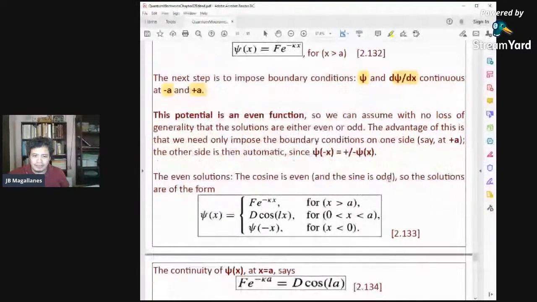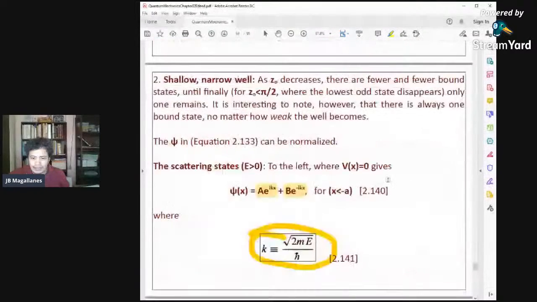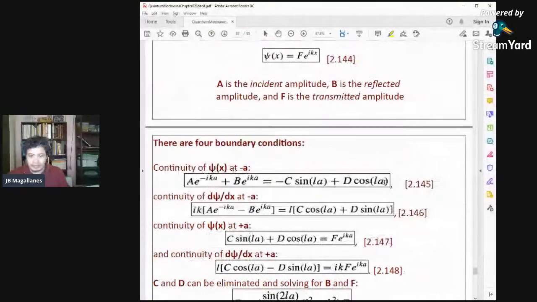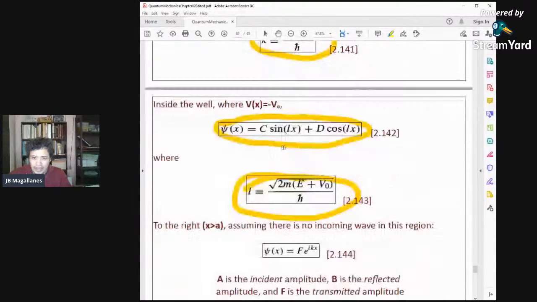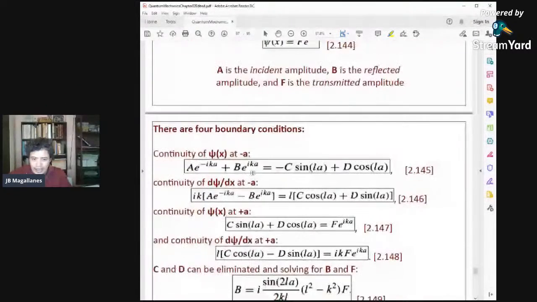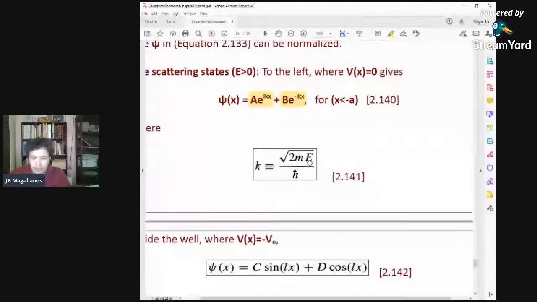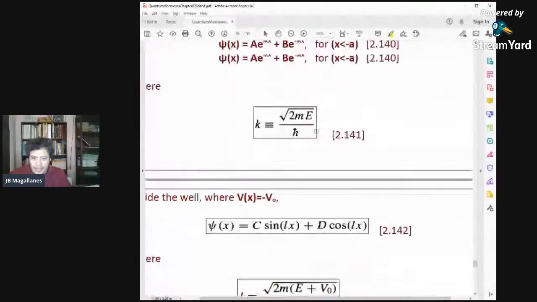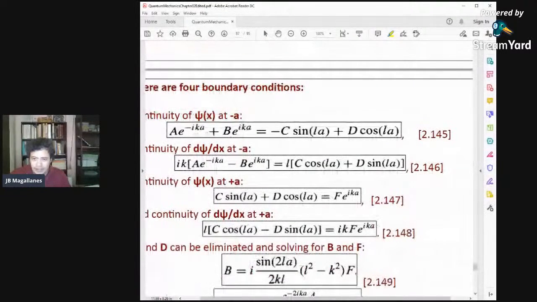So you will have this expression, because here you have this, you set x equal to negative a, and then you will have that, and this must be continuous with this one at the boundary, so that you will have this.